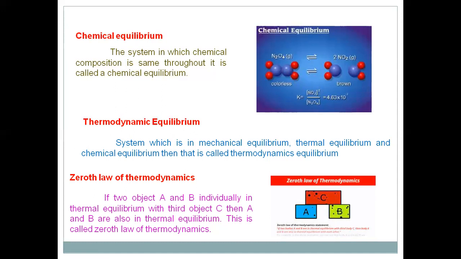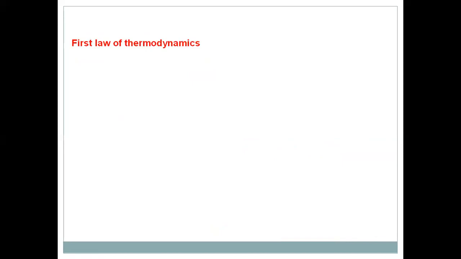A physical quantity which says whether two bodies are in equilibrium is called temperature. If two bodies are in equilibrium, their temperatures are equal. So if two bodies are in thermal equilibrium, it is because of their temperature.